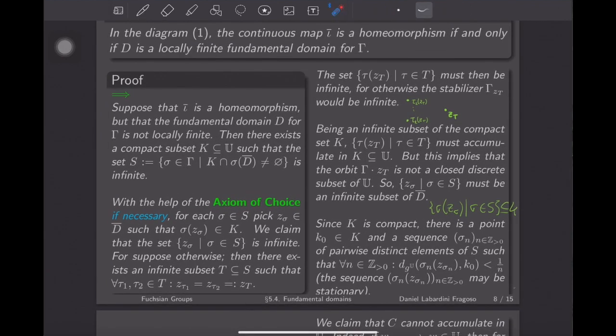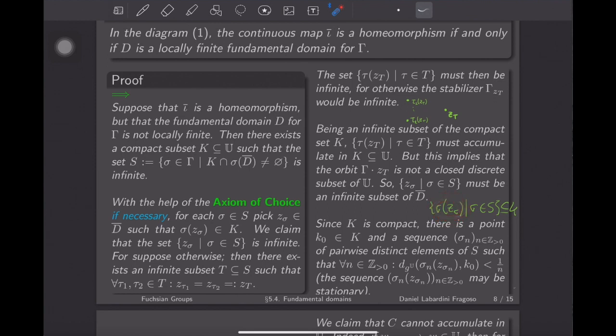Now, there are two possibilities. Either this set is finite or it is infinite. Of course, that's obvious. But if this set is finite, then since the sigmas in here form an infinite set, there must be something that repeats infinitely many times.